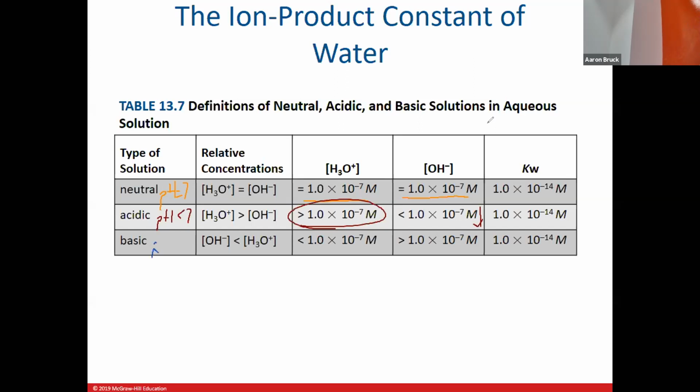In basic solutions where pH is greater than 7, we see a lower concentration of hydronium, a greater concentration of hydroxide. But notice that in all three cases, my Kw value is constant, doesn't change.